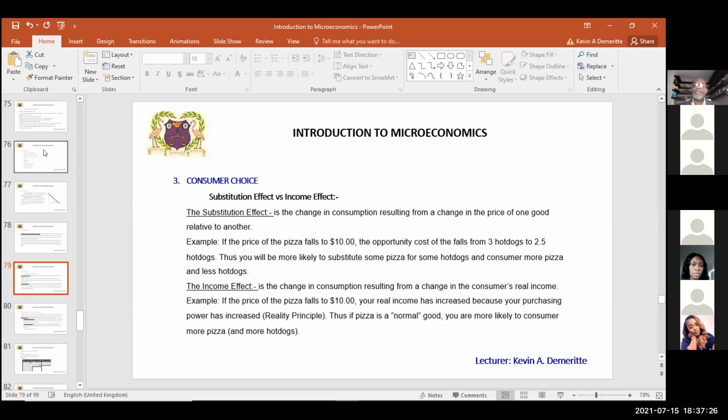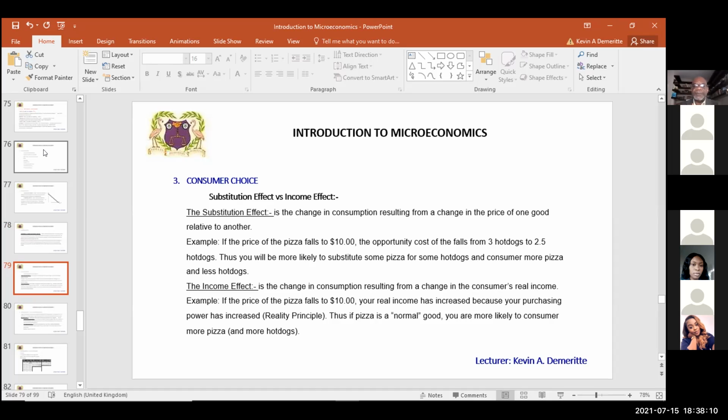But if the pizza price now falls to $10, you spend your $10 on pizza, but you have not given up the possibility of purchasing 3 hot dogs anymore. You gave up the possibility of only purchasing 2.5 hot dogs because that's going to equal $10. If that's the case, you're more likely to substitute some pizza for some hot dogs and consume more pizzas and fewer hot dogs.